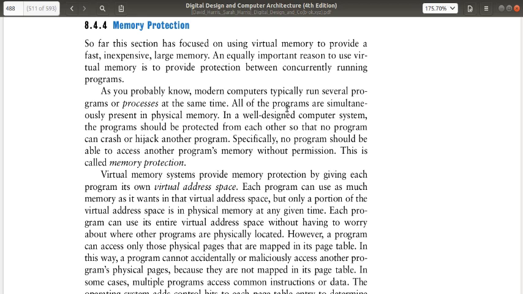This memory protection is also an important reason for implementing virtual memory. When we implement virtual memory, even though each process has a certain size of virtual memory, it is mapped to a limited area in the physical memory.